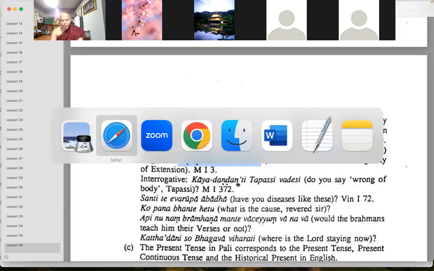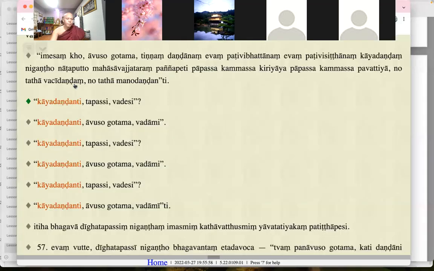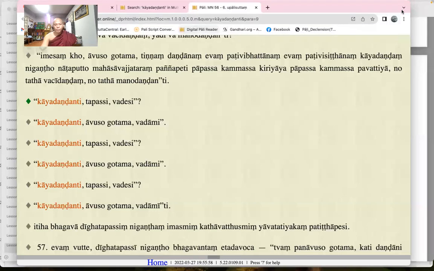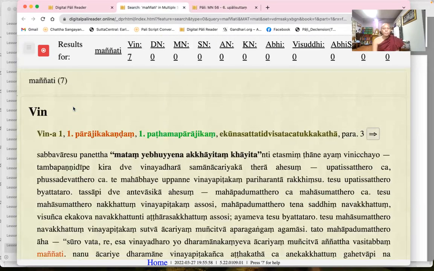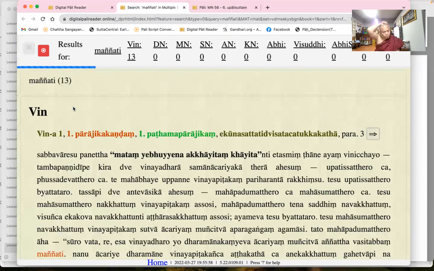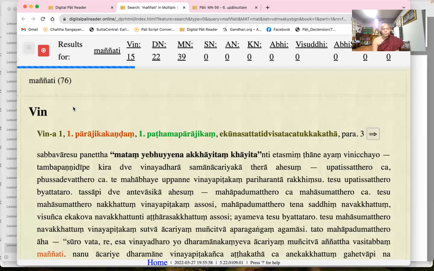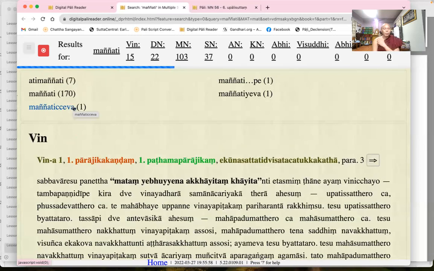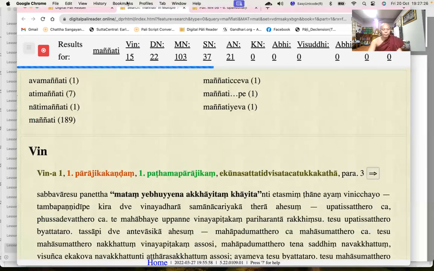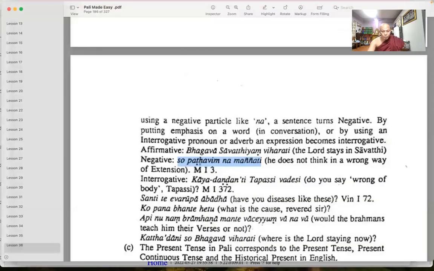Okay, let's see the original text. So I was checking through. That is from the Majjhima Nikāya volume 1, so 3.